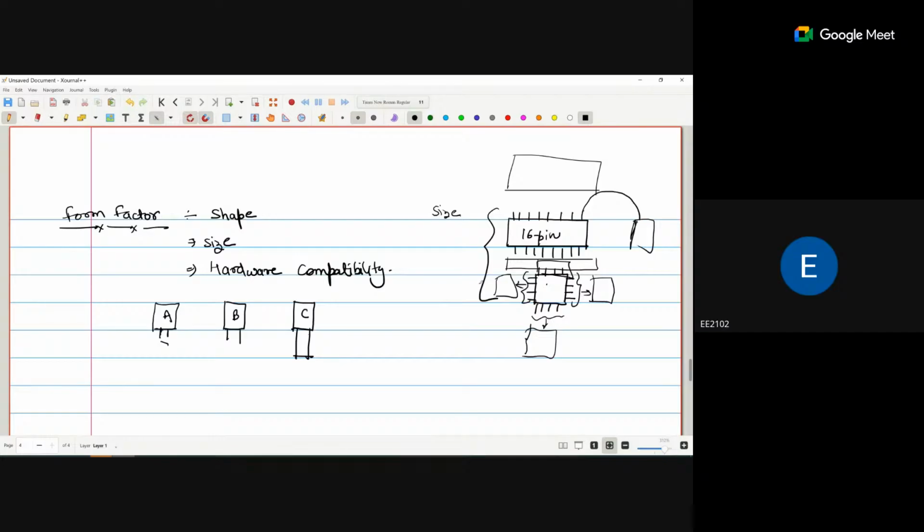You can't fix your LED bulb anywhere. According to the holder size, you have to choose which LED bulb you can use. So this is the problem. To make it universal, we design a system that is compatible with all other standard systems. That is basically the compatibility.